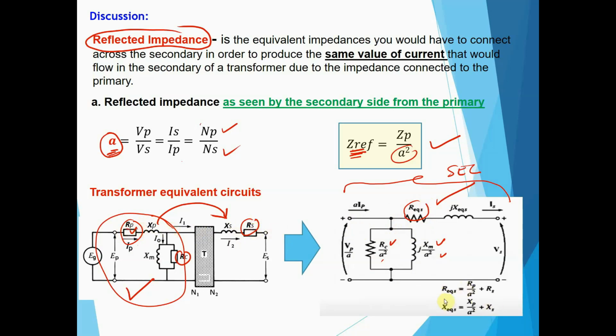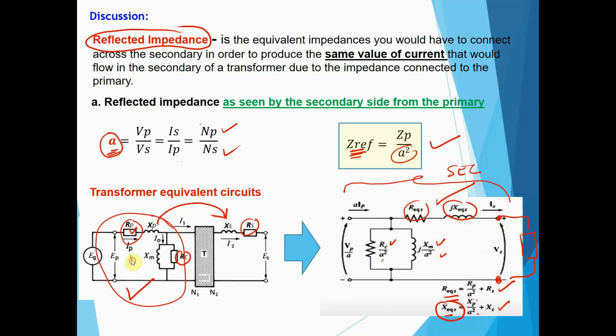I can call it R equivalent, which is equal to RP over A squared plus RS. Okay? And X equivalent is equal to XP over A squared plus XS. Now I can put these values here, X equivalent and R equivalent. So I now have a simplified circuit, wherein our main objective is to know the effect of the load at the secondary.